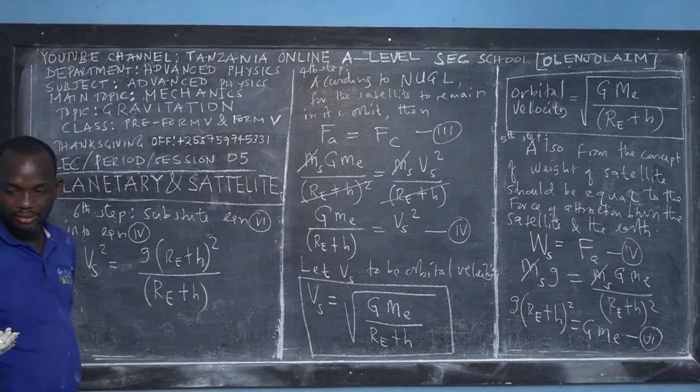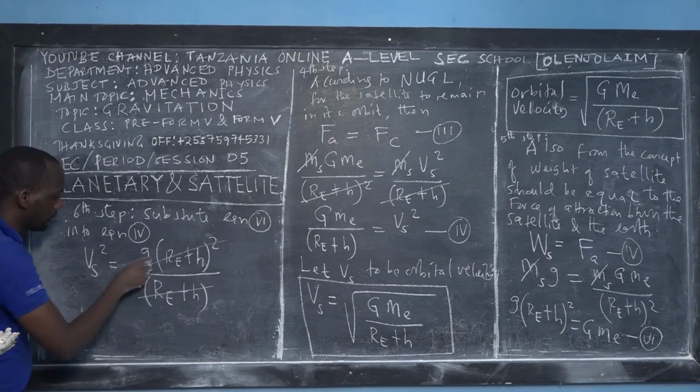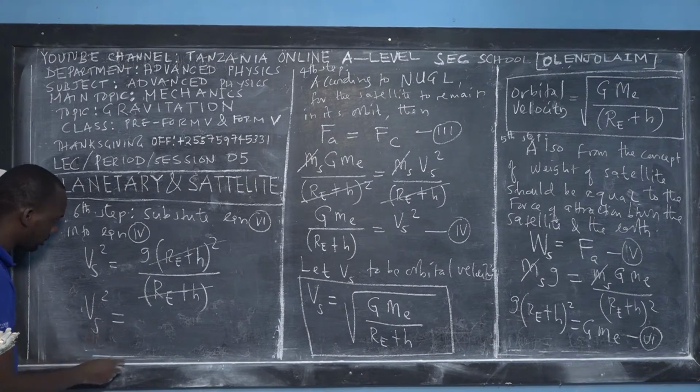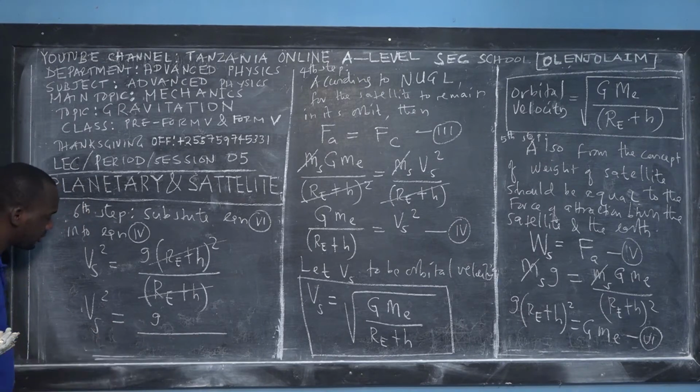Right? Fantastic. So now we can simplify this. So you find that the orbital velocity is equal to gravitational constant, this is acceleration due to gravity, and then times radius of the Earth. This is it.